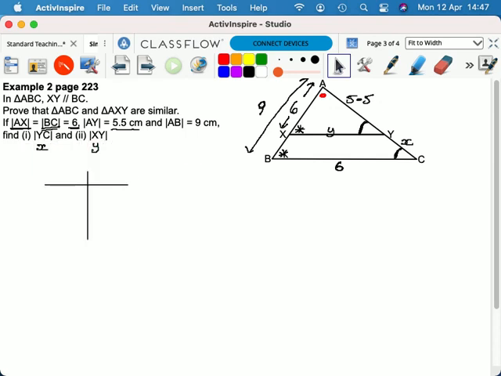Which one's the small triangle? It's AXY, isn't it? So I'm going to put up here the small triangle AXY. Over here, my focus is on the large triangle, and the large triangle is ABC.